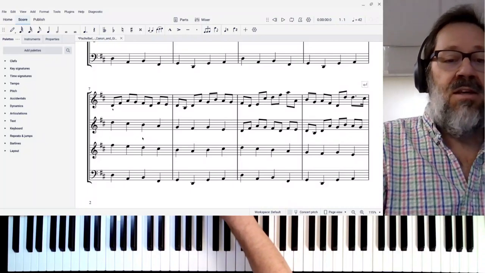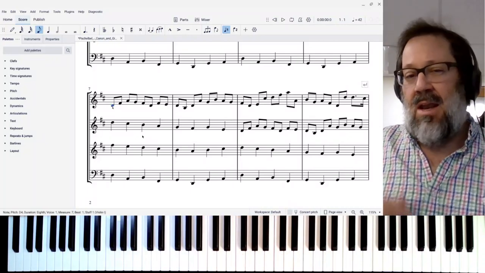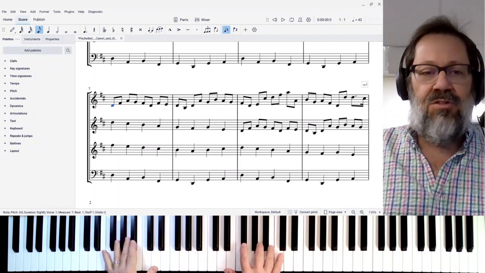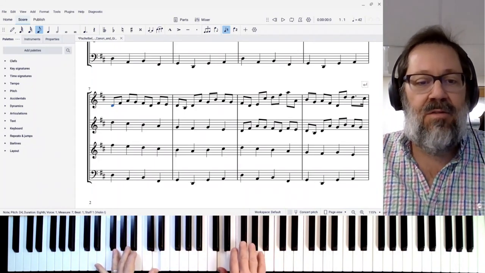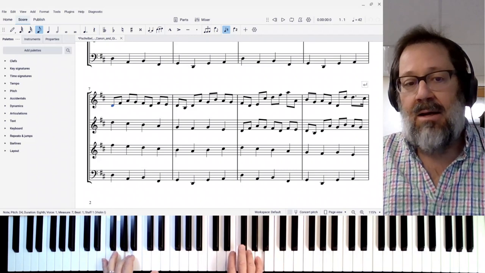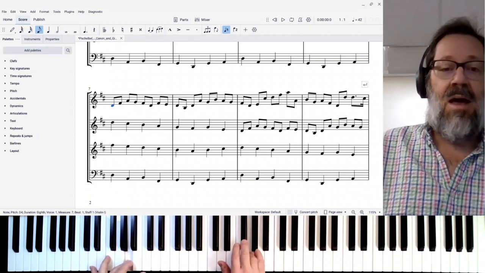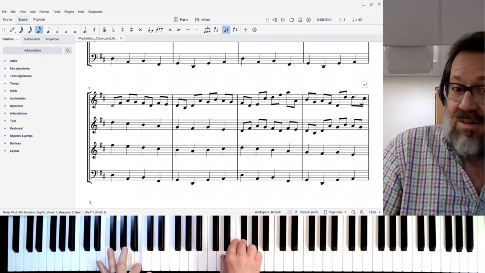The next phrase is second species counterpoint, and I'm really just going to focus now on the top voice and the bottom voice. We have octave, third, octave, seventh. There's our first dissonance, and it's approached by step and resolves by step.